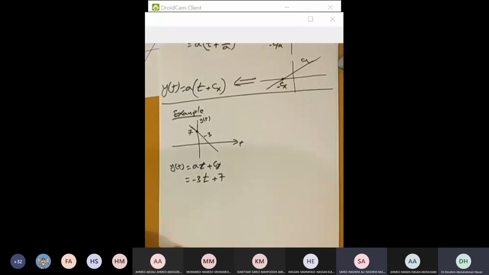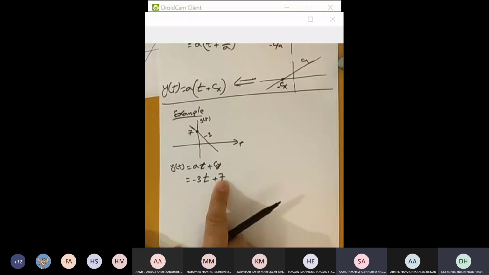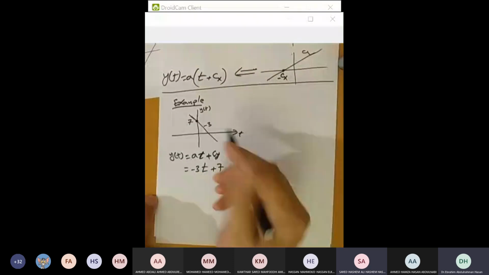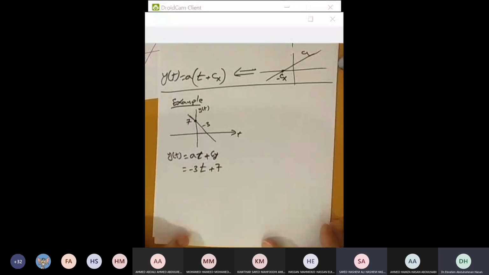Okay, and you can check it. At t equal to 0, then this is equal to 7. At t equal to, for example, 5, then it is minus 15 plus 7, which is equal to -8. So at 5 it is equal to -8. It means it's okay.